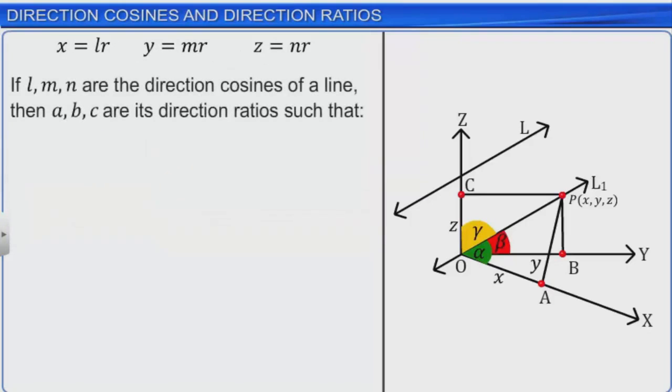By convention, the direction ratios of a line are represented by the letters a, b, and c. Since direction ratios are proportional to direction cosines for any non-zero real number lambda, we can express direction ratios in terms of direction cosines as shown. A line can have infinite sets of direction ratios corresponding to different values of lambda.